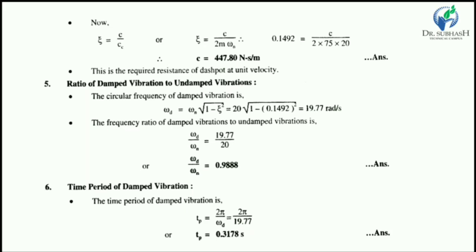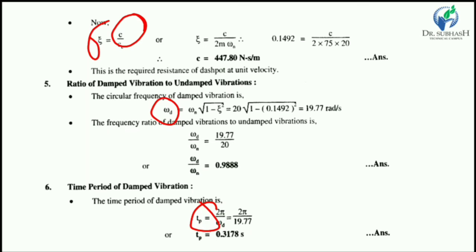So this way you can easily solve the example of logarithmic decrement. In this example the values to find were zeta, natural circular frequency omega n, damped circular frequency omega d, damping coefficient, and time period.